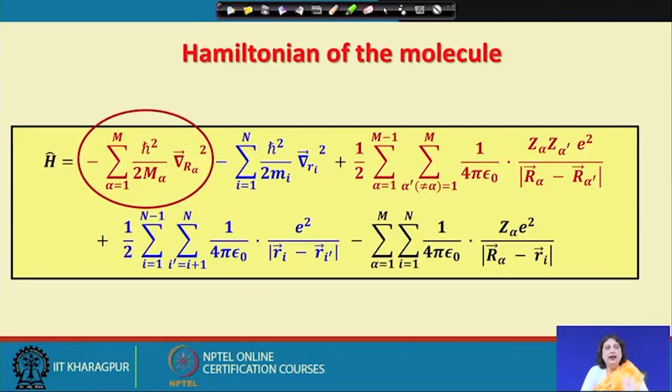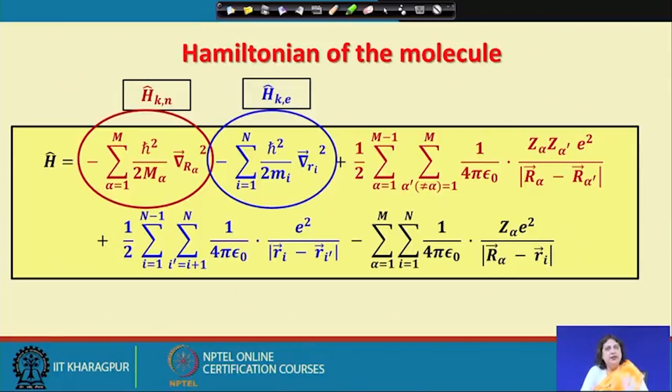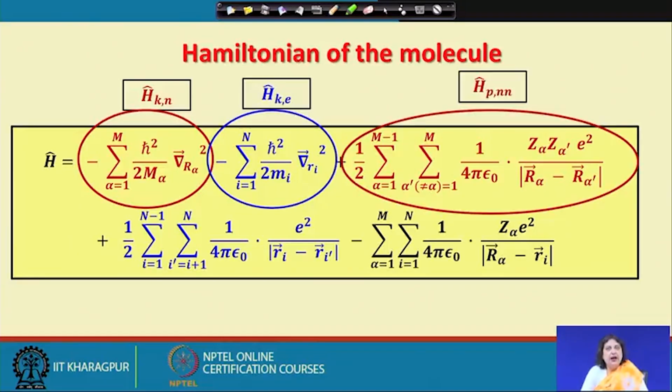Initially, I have this term which represents the kinetic energy of the capital M nuclei present in the system. Then I also have the part of the Hamiltonian which represents the kinetic energy of all the capital N electrons in the system, and then I start having the potential energy terms.